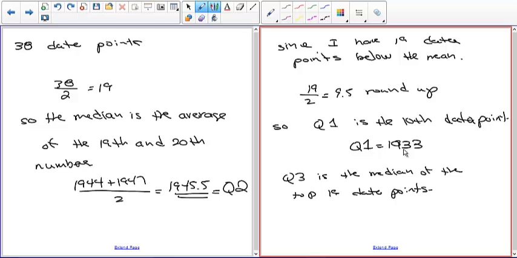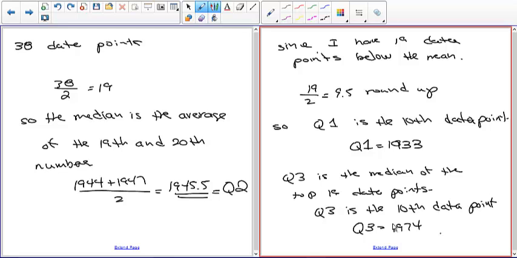So Q3 is again the 10th data point, but of the higher half. I already forgot, was it 1973? It's 1974. Okay, so that's how you handle it.